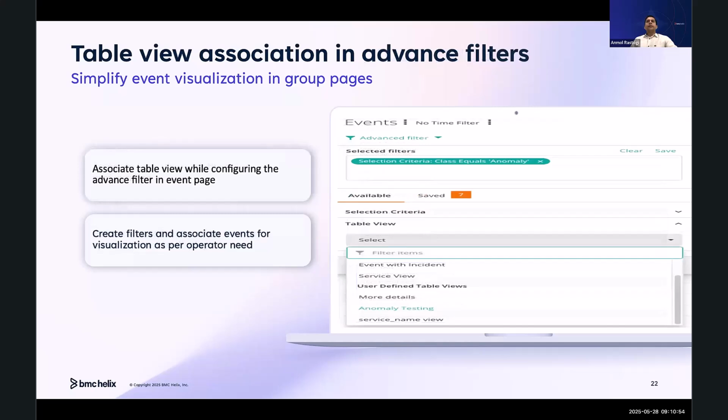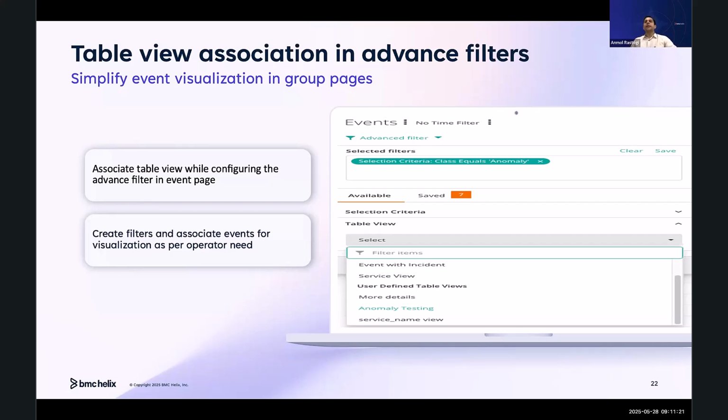On a similar line, we also introduced table view association under the advanced filter. On this event page, you also have this advanced filter. From 25.2 onwards, you will see another option for customers to select the table view, meaningful in the same way as in the group configuration pages.